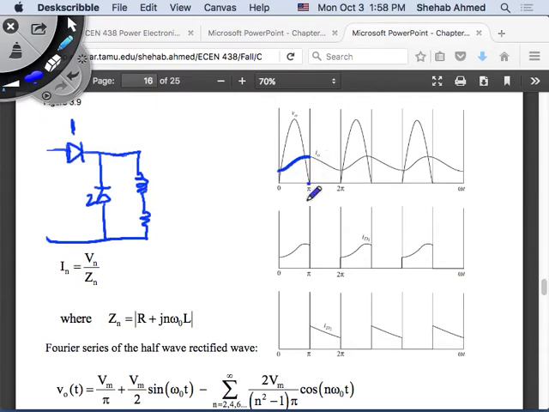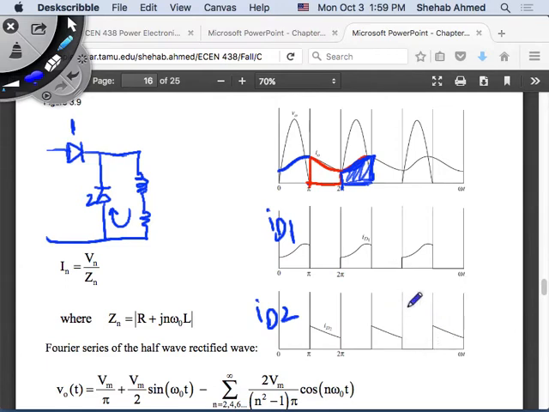As soon as the voltage becomes negative, the current finds it easier to go through diode 2, right? So diode 2 carries the current in this part of the curve. As soon as the voltage becomes positive, diode 1 finds it easier to conduct, and diode 1 conducts again in this portion of the curve. So this is diode 1 current and this is diode 2 current.